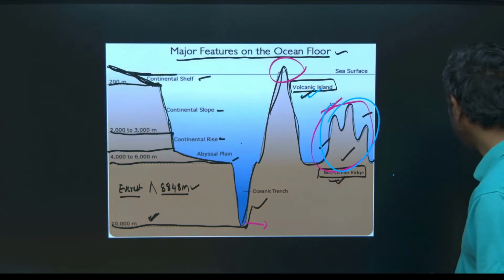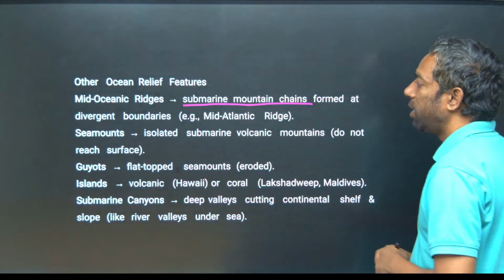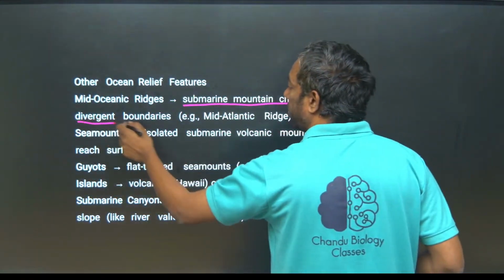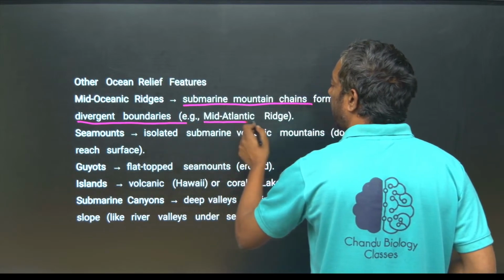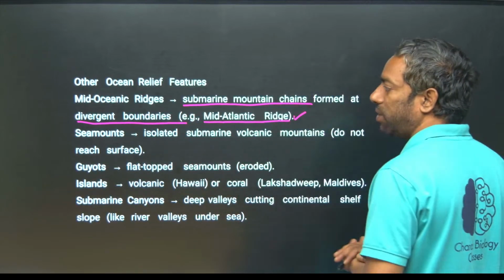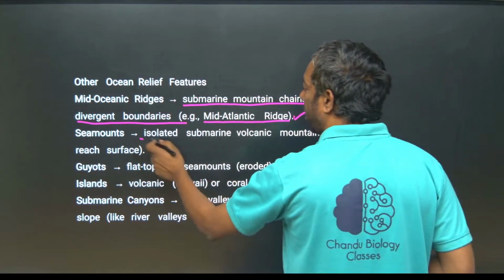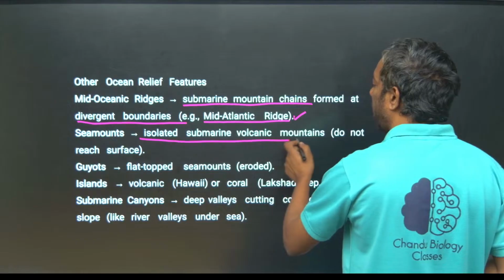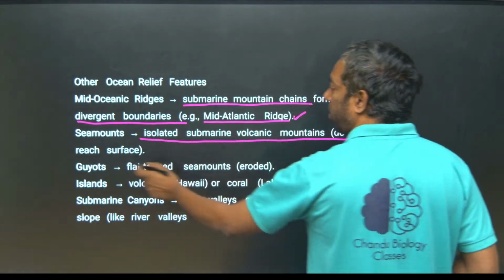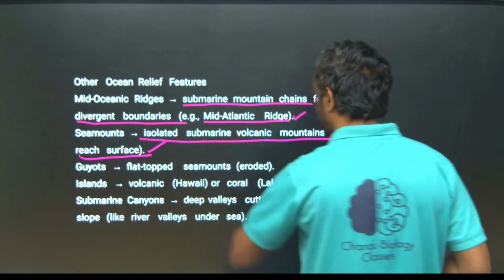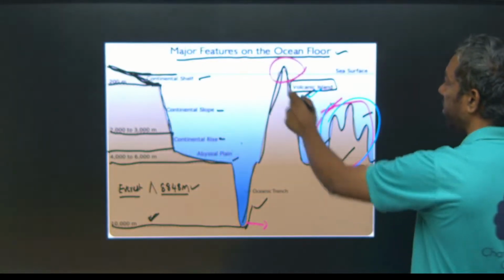They occur at divergent boundaries. The Mid-Atlantic Ridge is an example. Seamounts are also there. Seamounts are isolated submarine volcanic mountains that do not reach the surface.